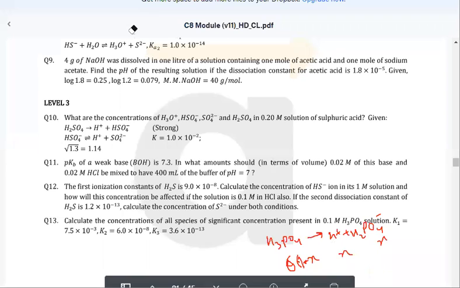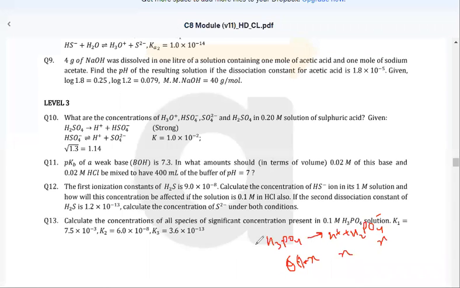From this reaction, can you calculate the concentration of H plus and concentration of H2PO4 minus? Tell me, yes or no?